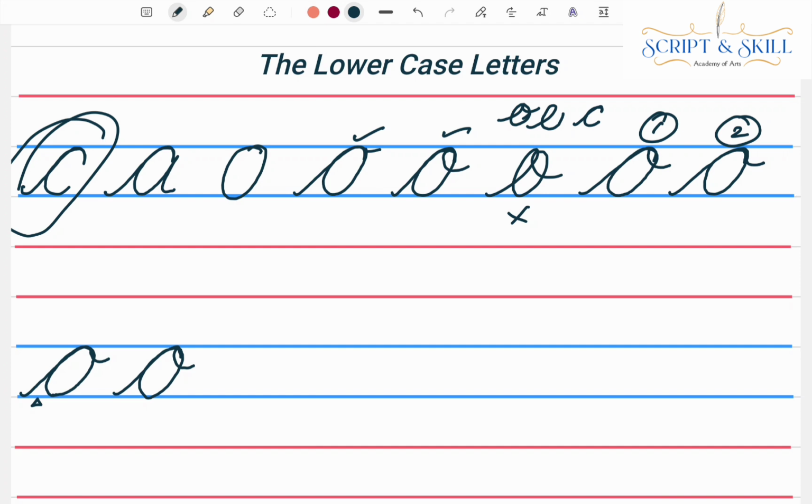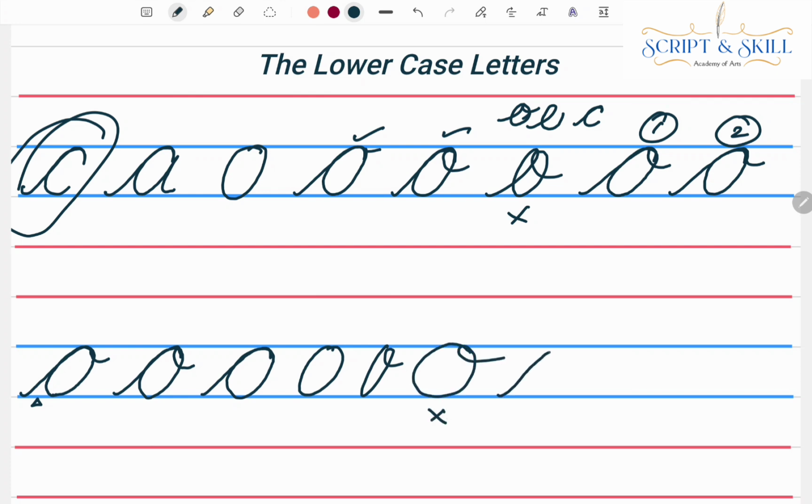Okay, practice this letter O. The O is a very tricky letter because it's quite difficult to get the exact circle. So you can go with an oval, avoiding a very stingy one like that, or a big fat O. This is not a good one.